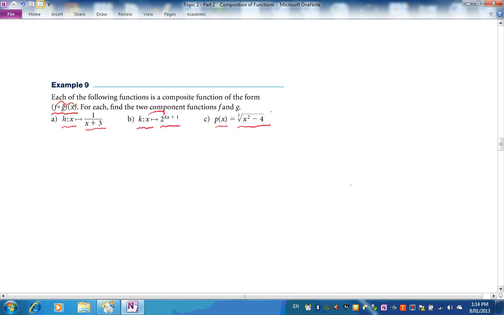The IB would like you to be very flexible with the 2 forms of notation. H of x, it doesn't matter what letter you use there, such that x maps onto something, or simply h of x equals, are 2 different notations, one involving a mapping and one just involving an equating.